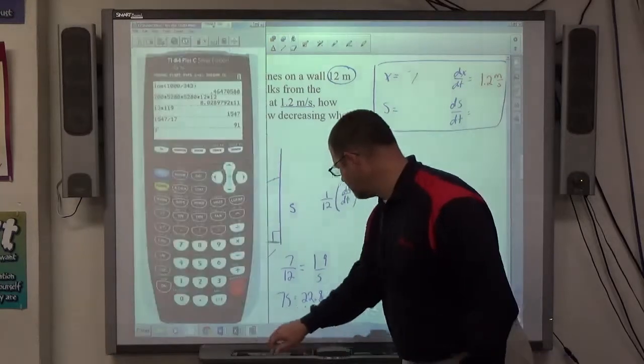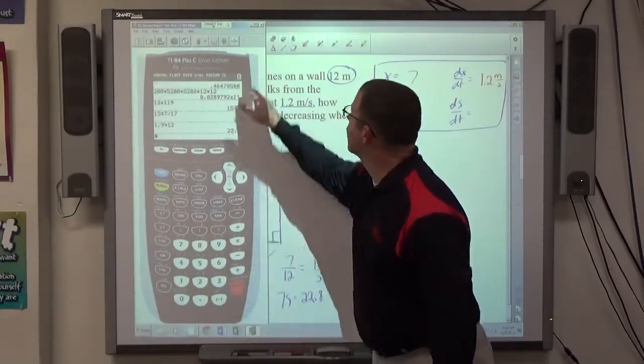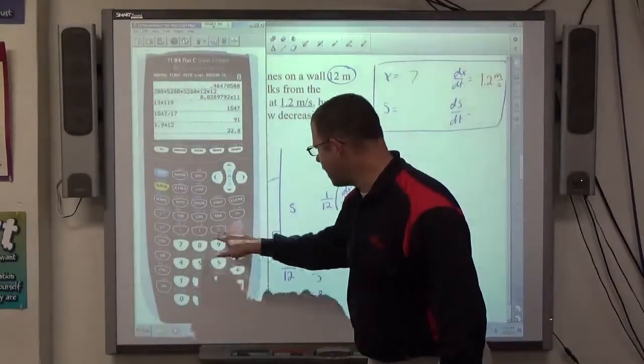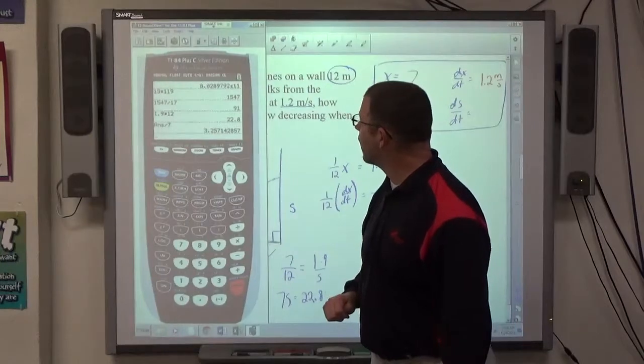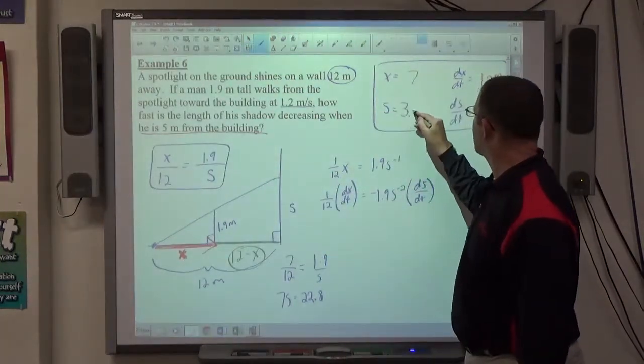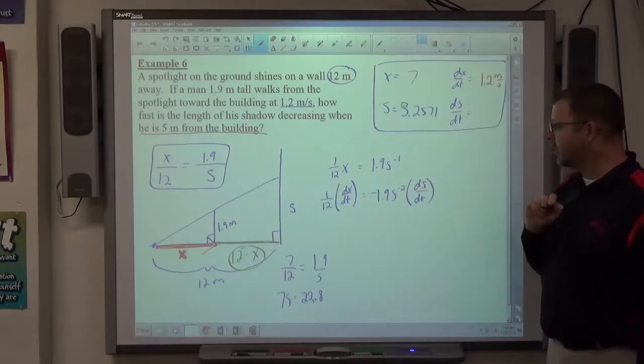Let's verify that. 1.9 times 12 is, yep, 22.8, perfect. Now if we divide that by 7, that's not an easy division, let's go 4 decimal places: 3.2571. So now I know what s equals.